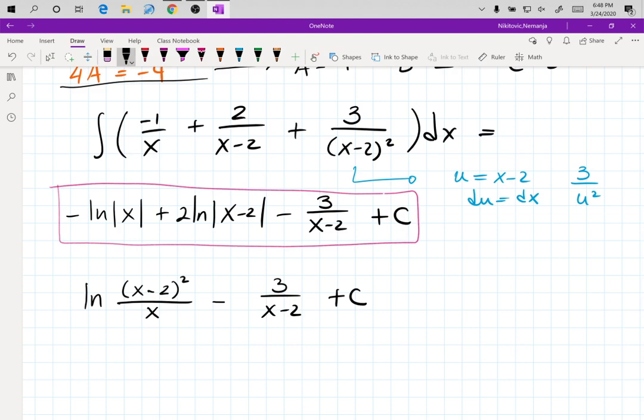So the power of 2 would go and square x minus 2. That one is a positive term, it stays on top, and then the minus ln, so the x would go into the denominator, and then the second term stays as is. So this has fewer operations for a computer to calculate, so the software will be working faster.